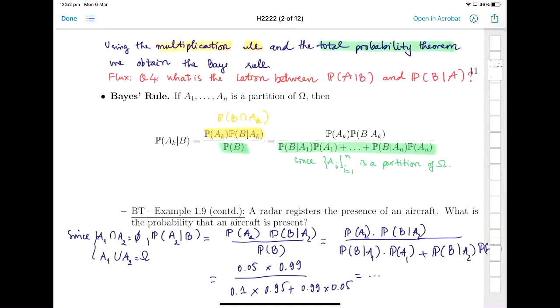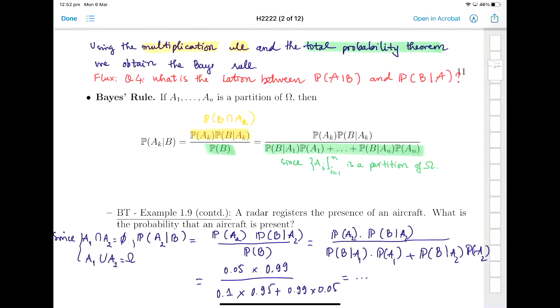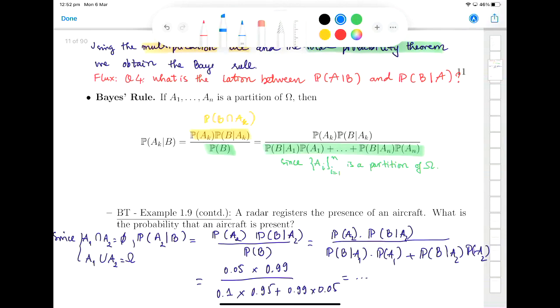So using the Bayes rule, you can compute the probability of A2 given B. So A2 is this one, and B is this event.